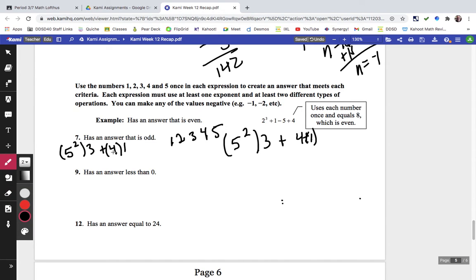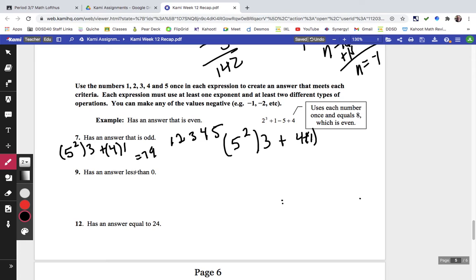All right, we have 2 different types of operations, addition and multiplication. We have an exponent, and we've used 1 through 5. This is 75 plus 4, which is equal to 79. So there's one solution. I'm sure there's many solutions, probably simpler solutions.